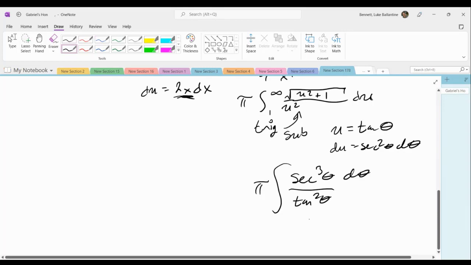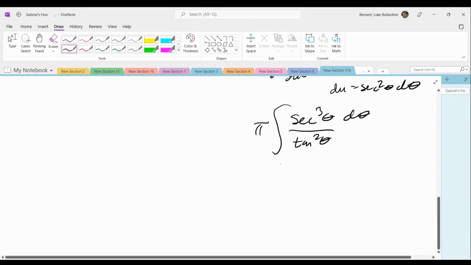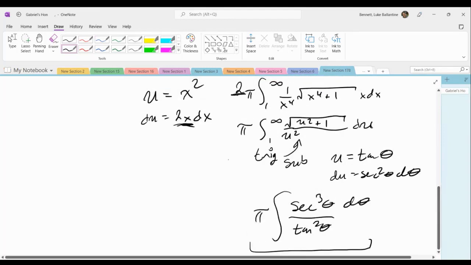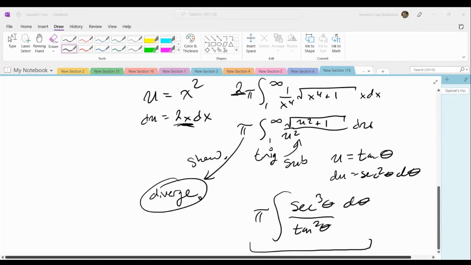I would convert it to all sine and cosine after this, but basically this integral will diverge. And after you show this, the problem is solved.